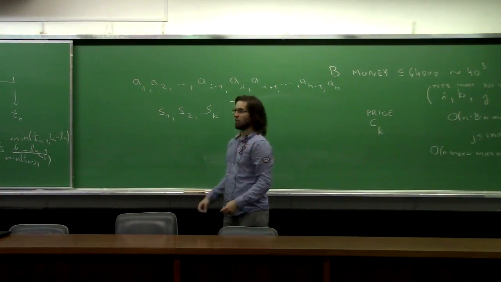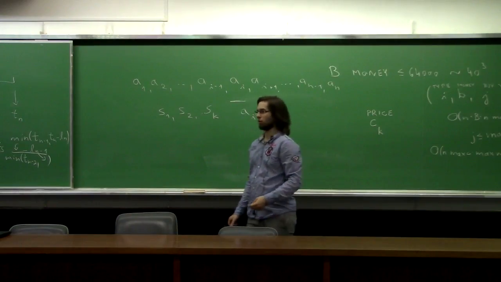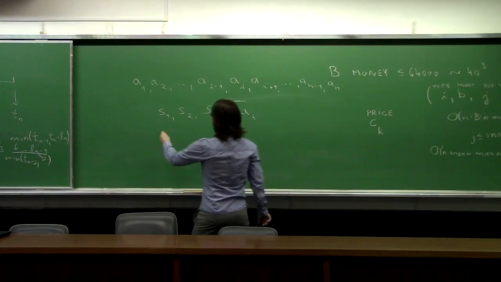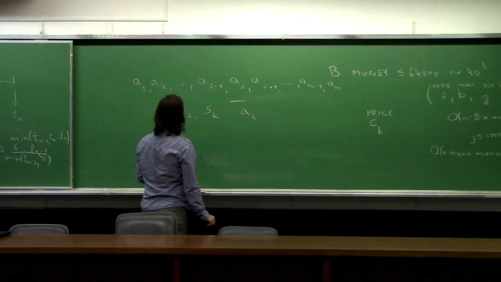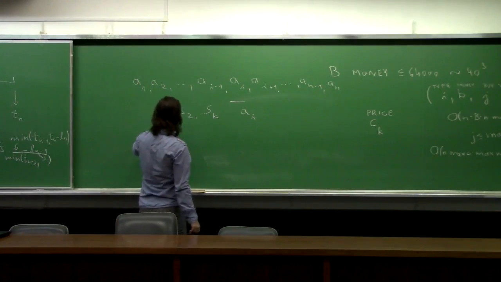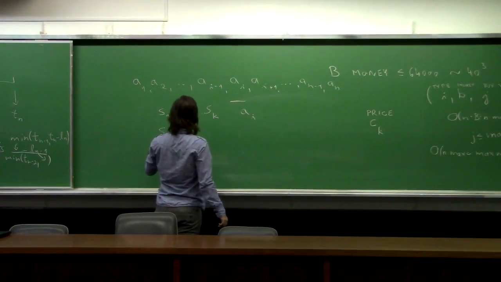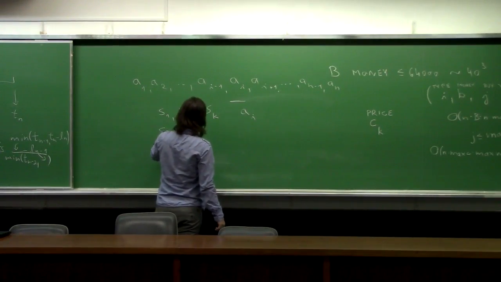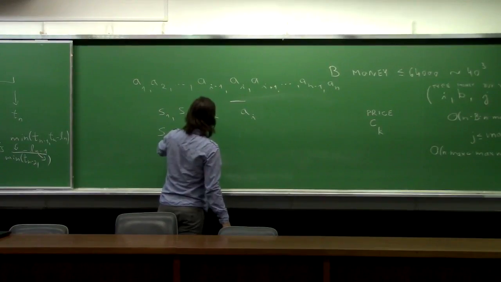These numbers are the maximum numbers in each connected component found so far, and they are sorted in increasing order. Si is smaller than Si plus 1.